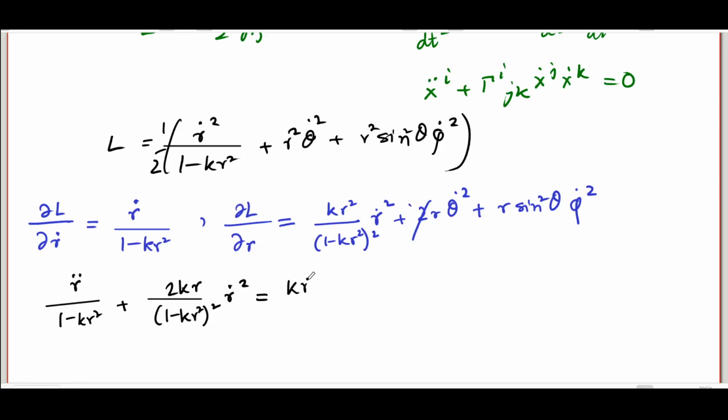And that's equal to kr²/(1 minus kr²)² times ṙ², plus r θ̇², plus r sin²θ φ̇².